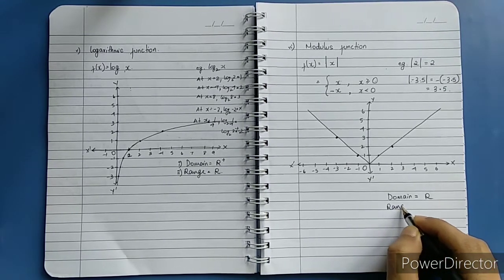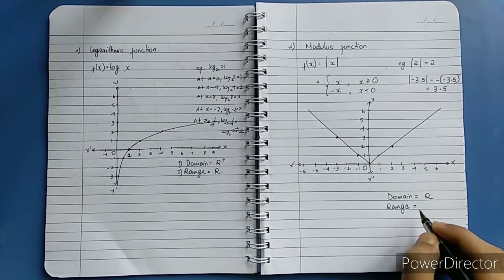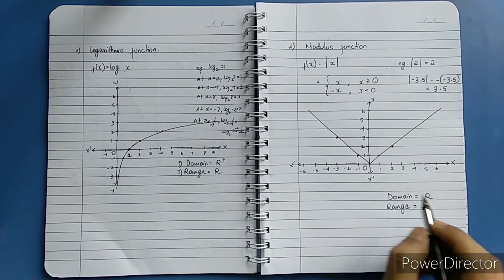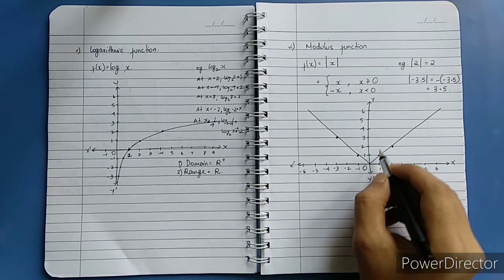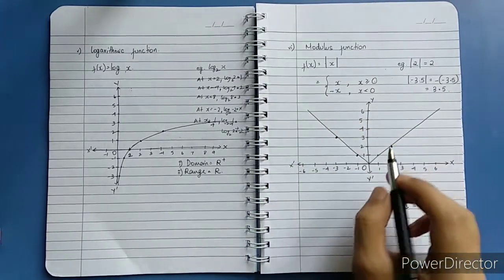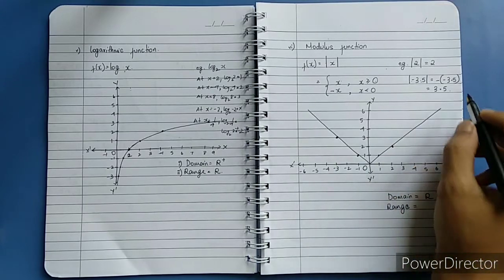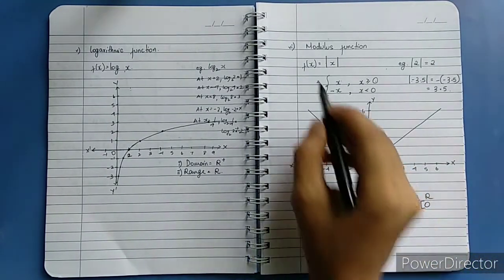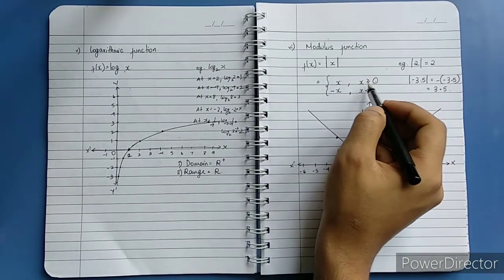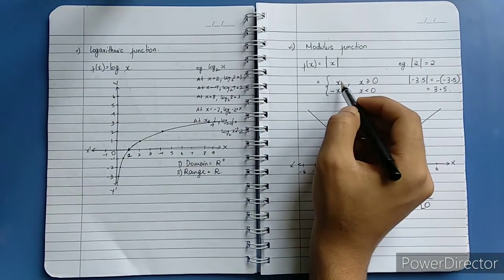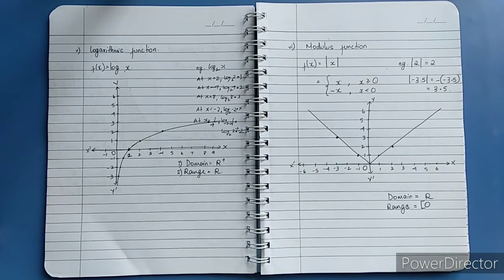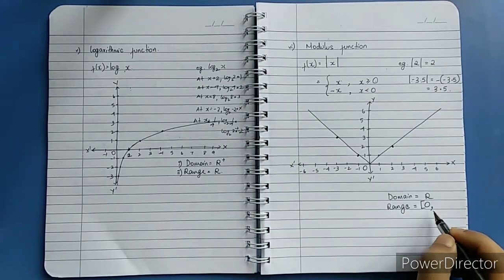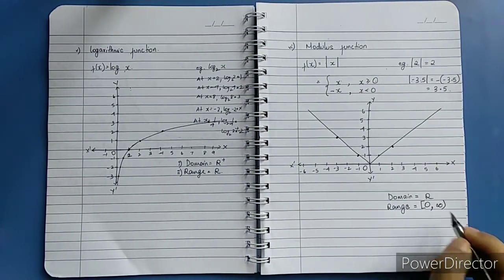But the range, if you see, starts from 0 and goes to plus infinity, be it left or right. The range will include 0, because f(0) for x greater than or equal to 0 is x, so f(0) is 0. So the range will be from 0 to infinity, and 0 will be included.